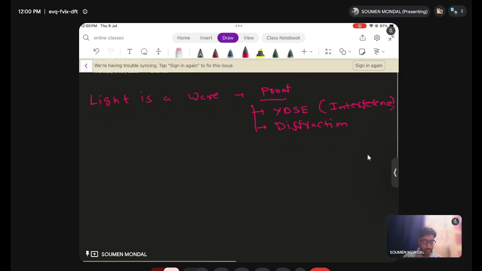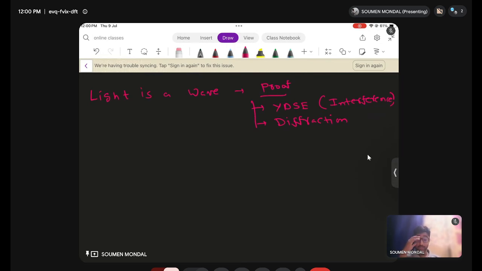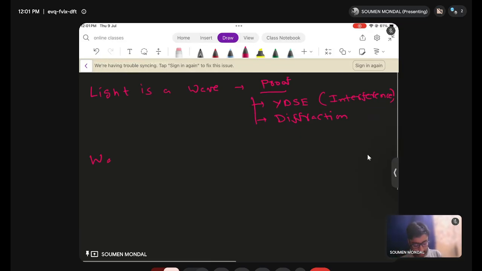Now, during our wave chapter in class 11, we classified waves into types. We classified waves into mechanical and non-mechanical, based on whether the wave requires any medium or not.